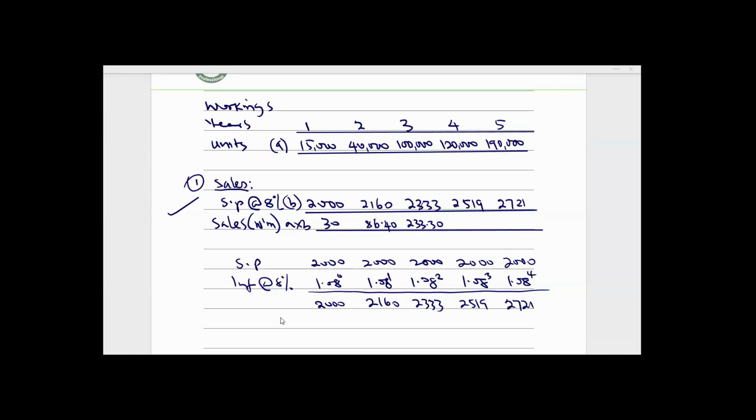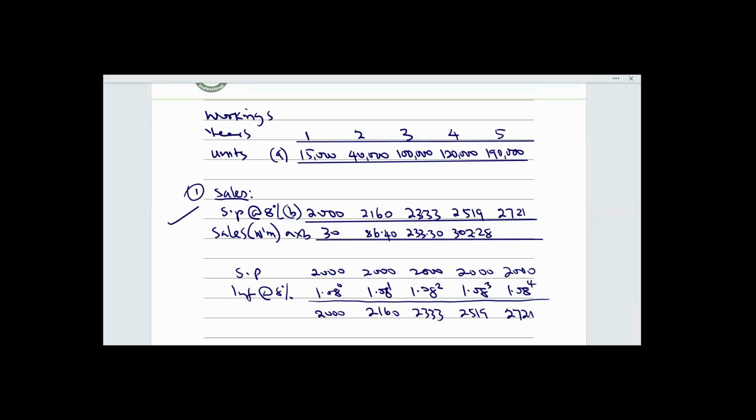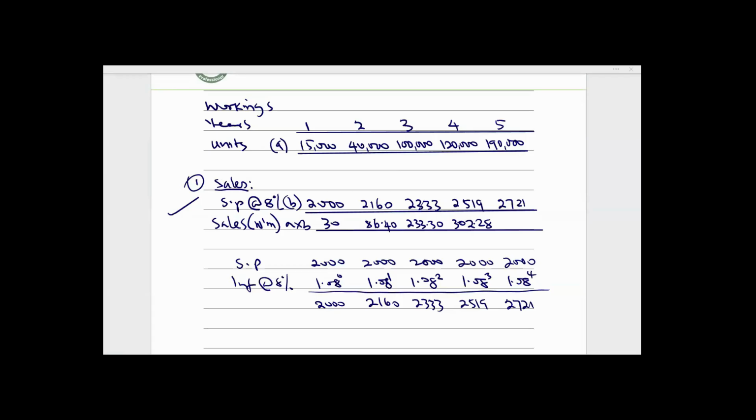That's 302.28. Then year 5, 190,000, multiply by 2721 equal 516.99. So with this, we have calculated our sales.